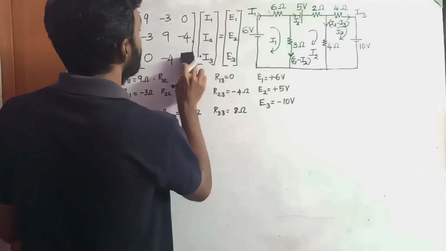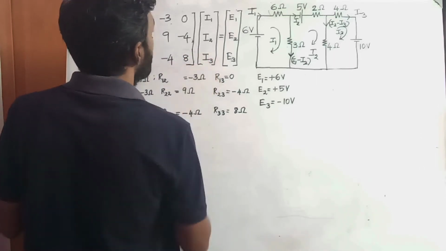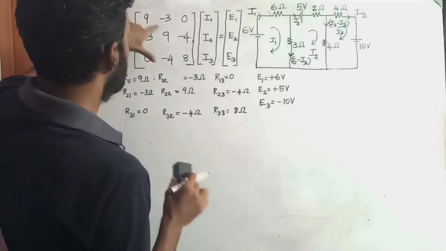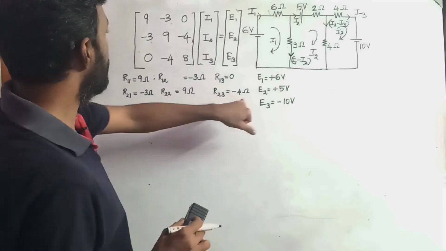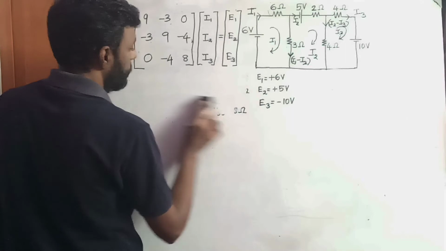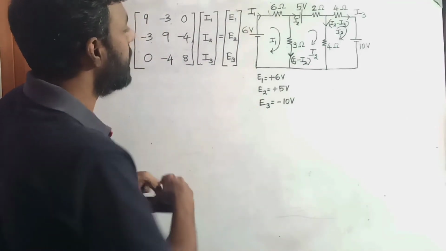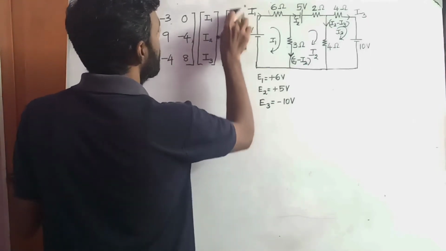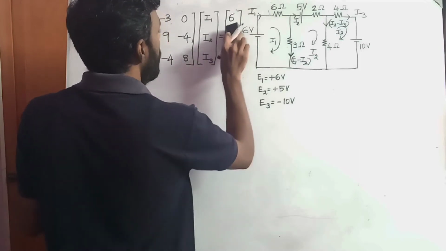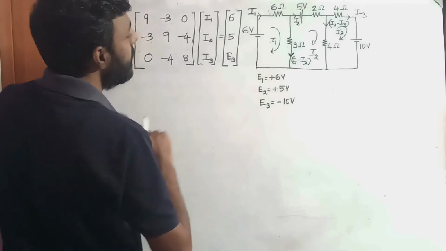So with I1, I2, I3, the matrix is 9, minus 3, 0, minus 3, 9, minus 4, 0, minus 4, 8. I am erasing this. Now what is the value of E1, E2, E3? I'll substitute over here. E1 is plus 6 volts, so it will be 6. E2 is 5, so it will be plus 5. And E3 is minus 10.